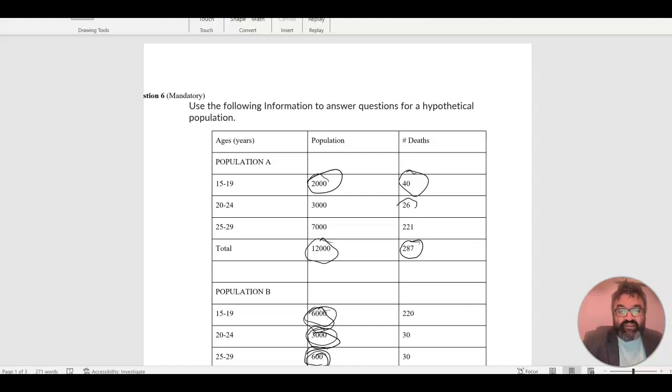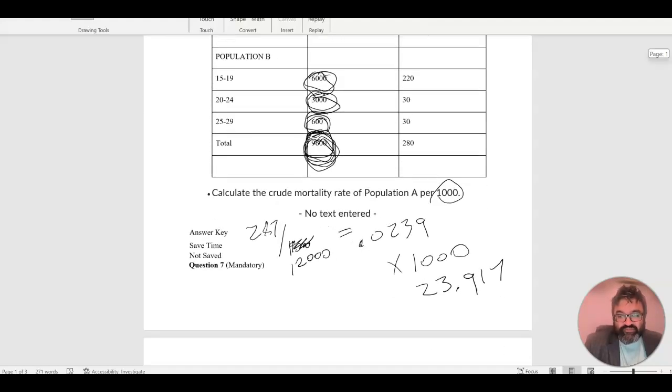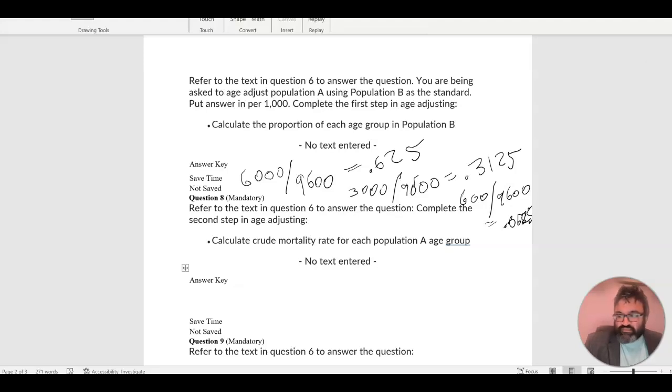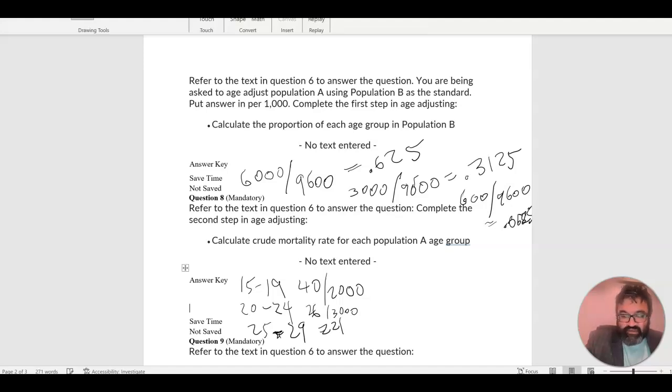Then for 20 to 24, 26 out of 3,000, and for 25 to 29, 221 divided by 7,000.